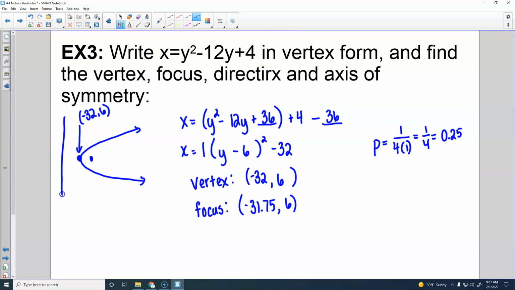For our directrix over here, this time we're going to the left. That is a vertical line. Vertical lines are going to be x equals a number, and this time we need to subtract from our x. So negative 32 minus 0.25 is going to give us negative 32.25.